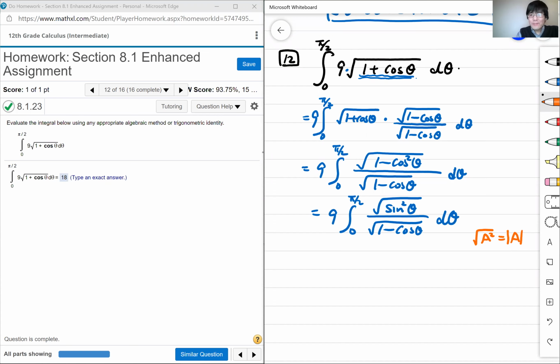Okay. And if a is positive, we can remove absolute value sign, but you have to check whether this is positive or not. Okay. Fortunately, first of all, remove the square root sign. You want to get absolute value of sine theta.